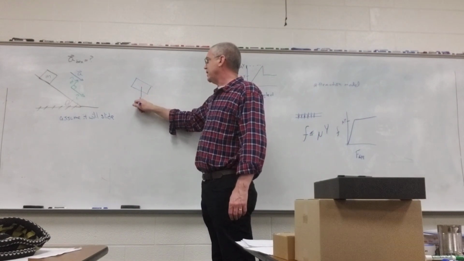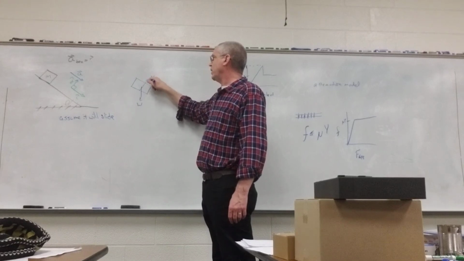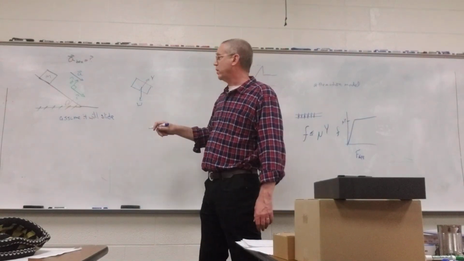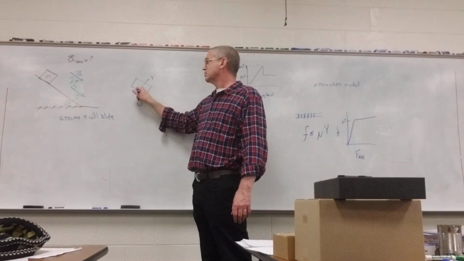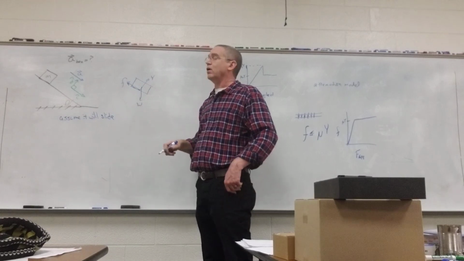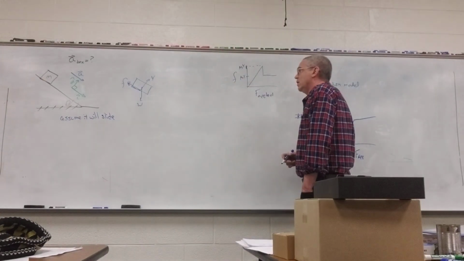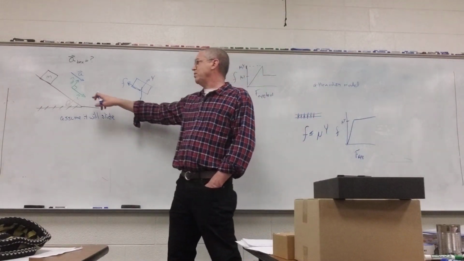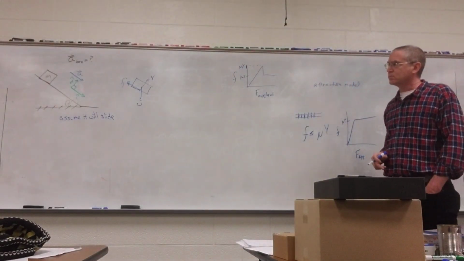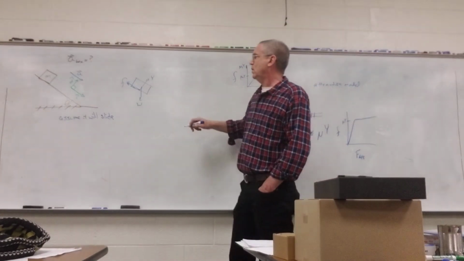We have weight acting down, we have normal force acting that way, and now we have one other force: friction. Going which way? Up the ramp. Well, from the box up the ramp. Yeah, on the box up the ramp. We established we have the same i and j directions. Our acceleration does not change here.